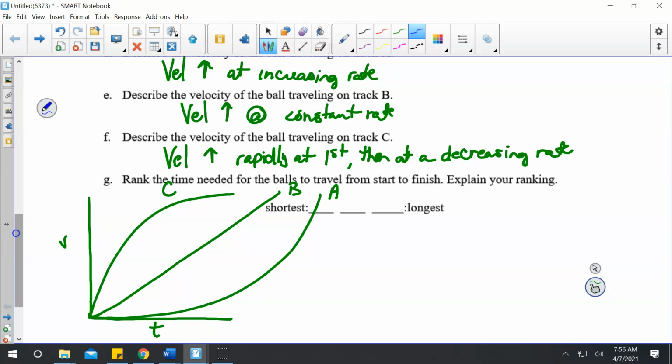So if we rank the time, C would have the shortest time, B would be middle, and A would be the longest time, because of the way that they increase their speed.